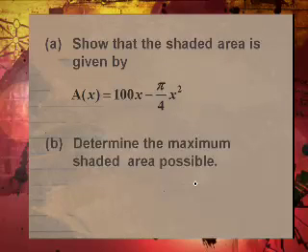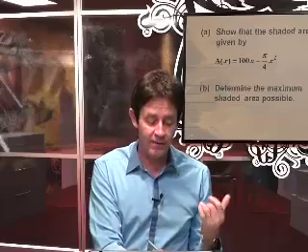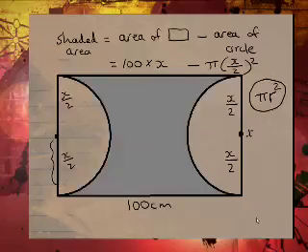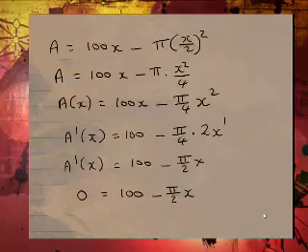Okay, and if we go back and look at what the question said, it said determine the maximum shaded area possible. Firstly, of course, we're going to need the value of x to be able to do that. So let's just go through this again. We said the shaded area is the rectangle minus the 2 semicircles. We went through the process of differentiating, and then we've got this.